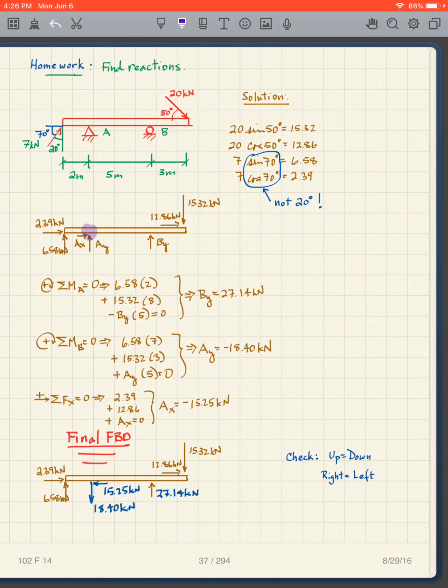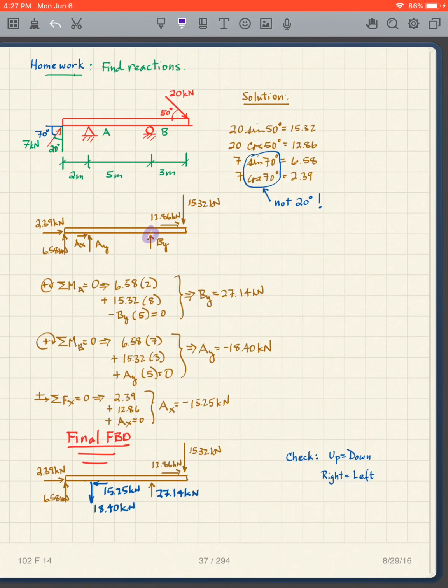So I have 6.58 times 2, BY times 5, 15.32 times 8. And the signs are, this one is clockwise, so it's positive. This is counterclockwise, so it's negative. This is clockwise, so it's positive. So I put all those in. I get BY is 27.14.